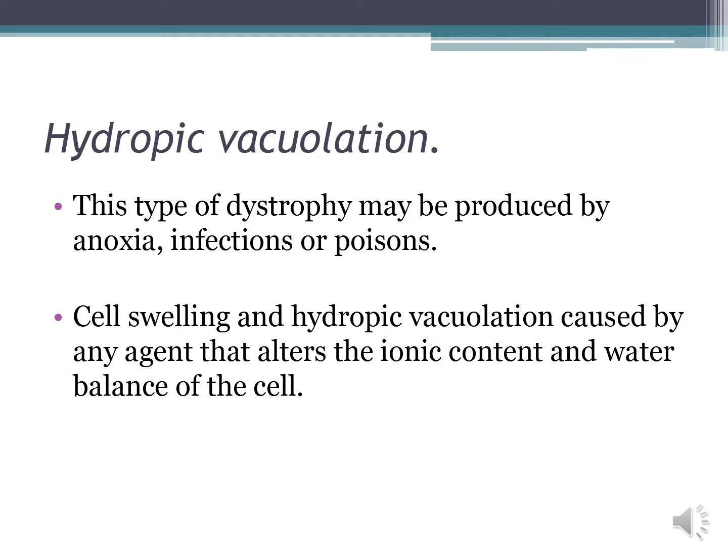Hydropic vacuolation. This type of dystrophy may be produced by anoxia, infections, or poisons. We see cell swelling and hydropic vacuolation caused by any agent that alters the ionic content and water balance of the cell.